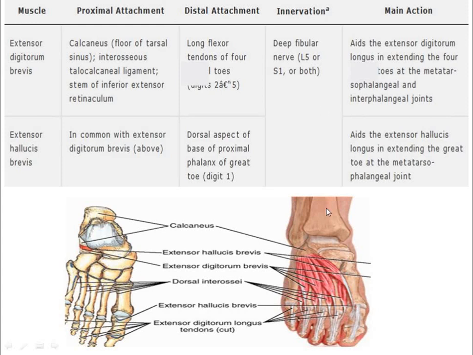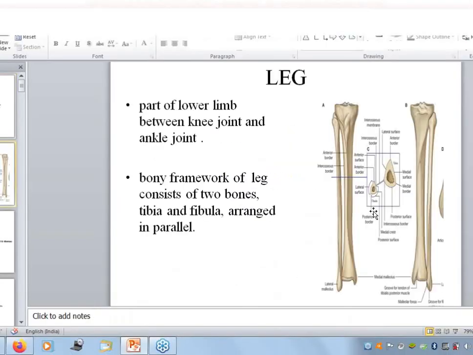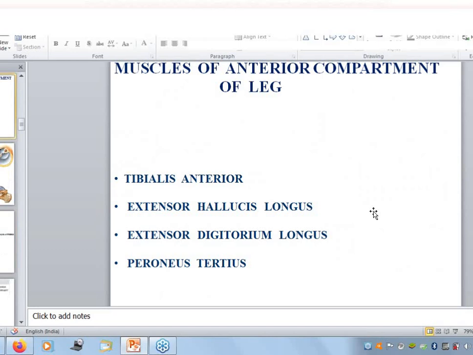Both are supplied by the deep fibular nerve. Extensor digitorum brevis helps the extensor digitorum longus in extending the lateral four toes at the metatarsophalangeal and interphalangeal joints. The extensor hallucis brevis helps extensor hallucis longus in extending the great toe.